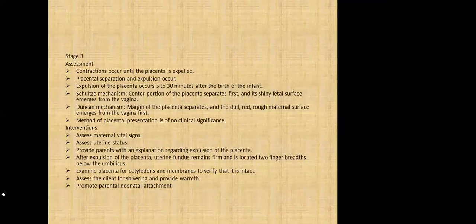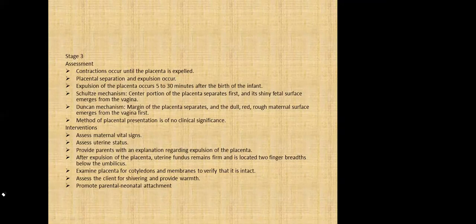Now, on assessment during stage 3, you assess vital signs, you assess uterine status. If the uterus is not contracting within stage 3, it will be very difficult for you to deliver the placenta, right? So you have to make sure that the uterus is contracting adequately as expected.